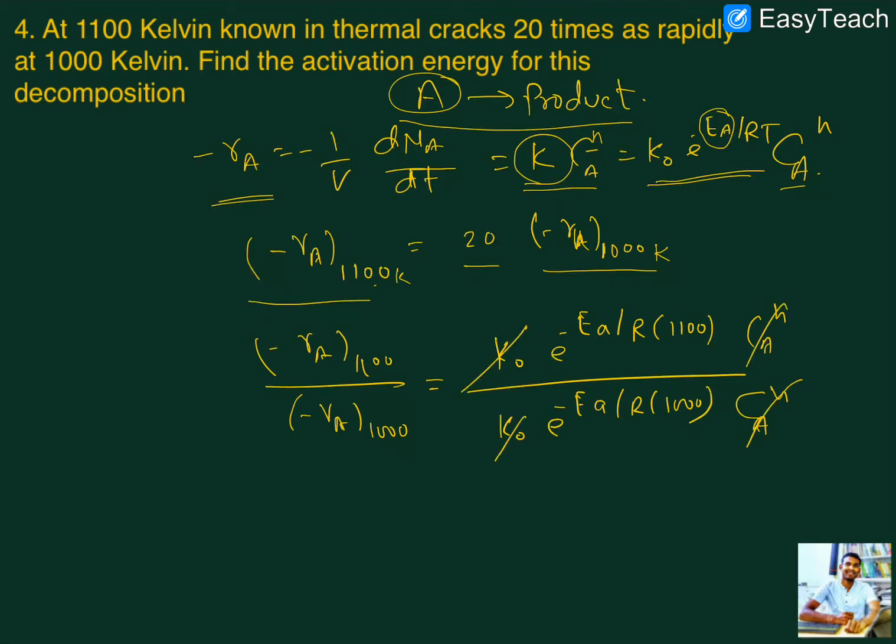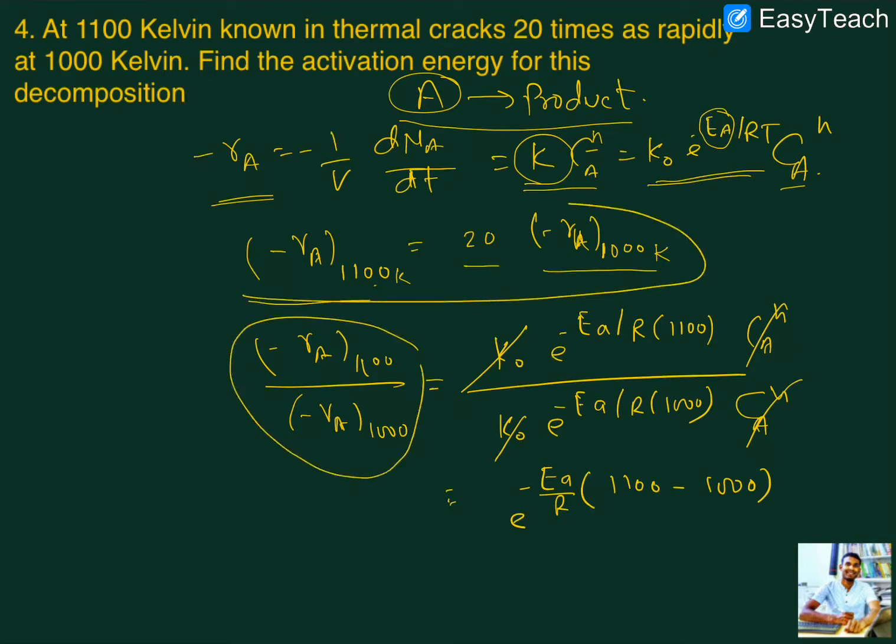If you take the exponential common, minus E_A over R will come out, and it will become 1100 minus 1000. The value of this ratio is already given in the question, so this will become 20. So this is 20 and e to the power minus E_A over R, this is 100.